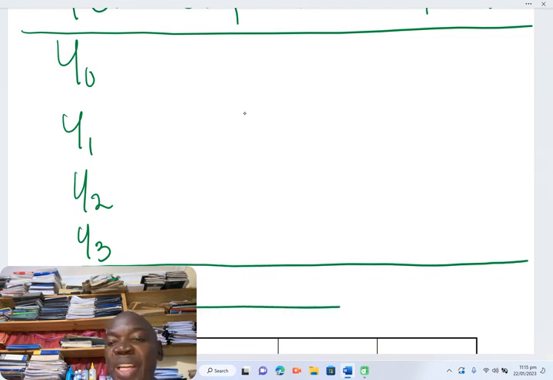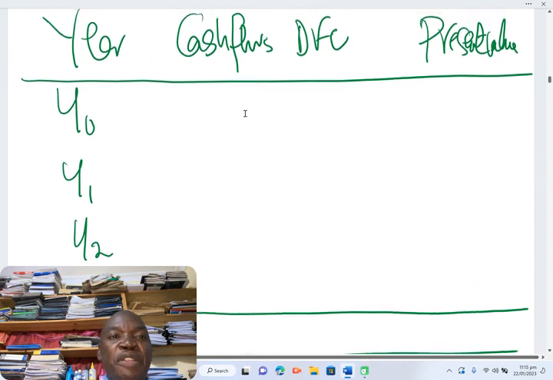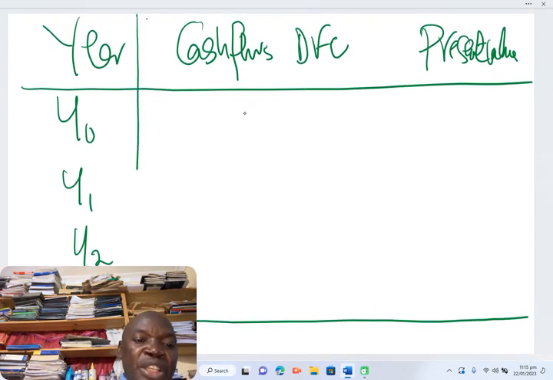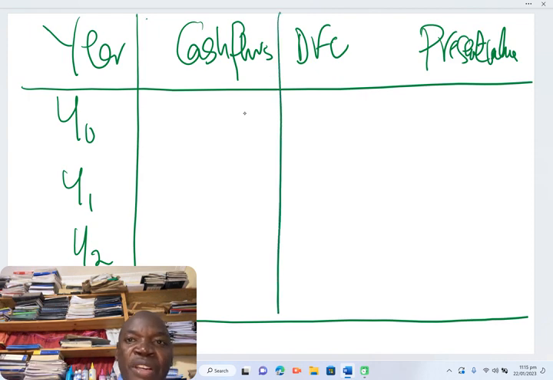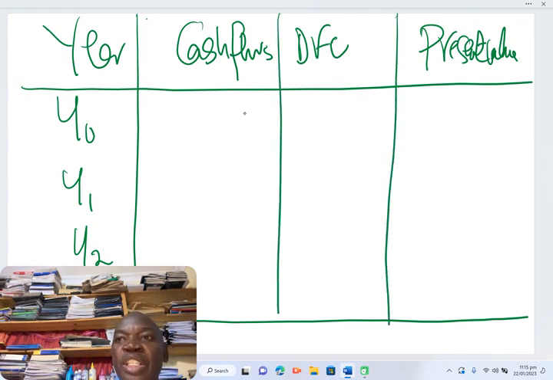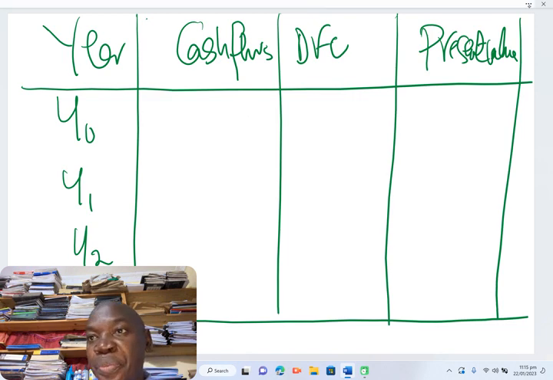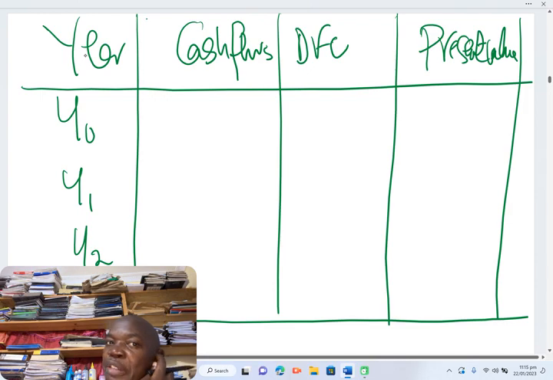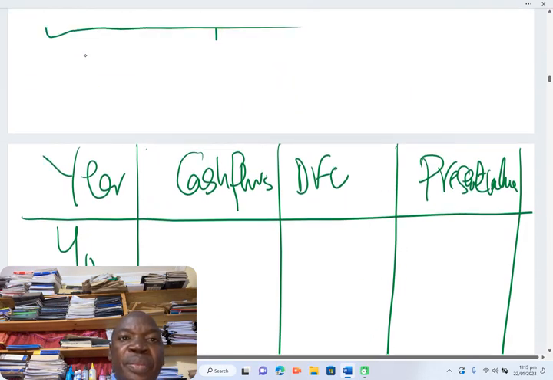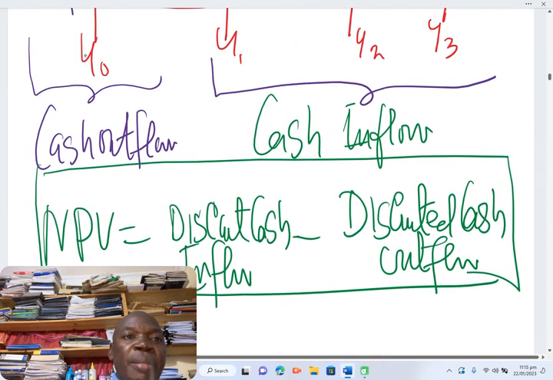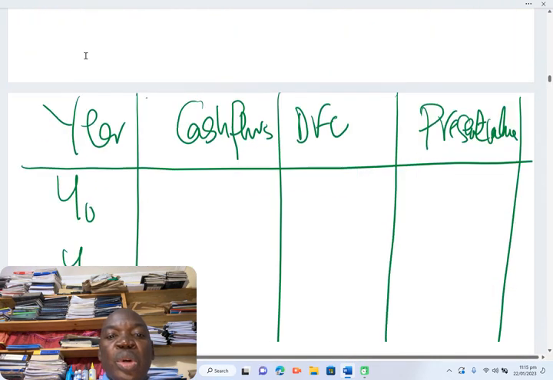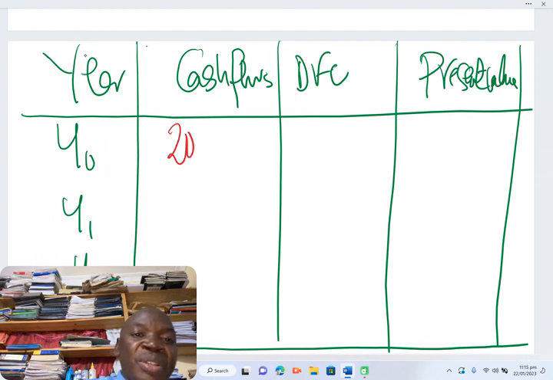You need to assess some information here. What I can advise you is to make this table very short and understandable. Number 2, what is the cash flow in year 0? It is 20,000 here. So minus 20,000 because it is cash outflow.